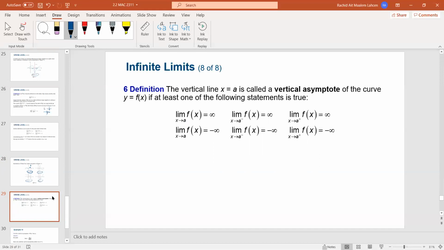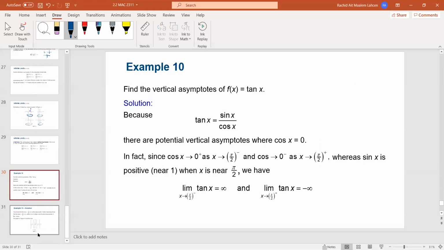This infinite limit occurs. And here is a trig question. There are some other details we'll talk about later on, but right now, keep this in mind to understand these parts and to start working on the homework.